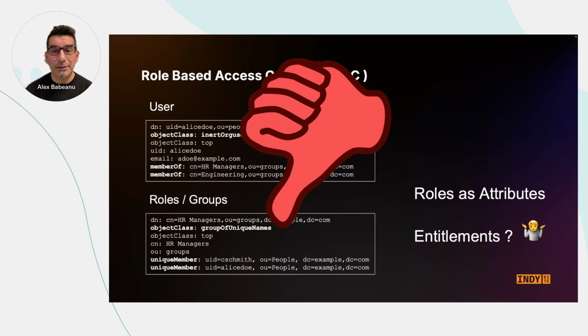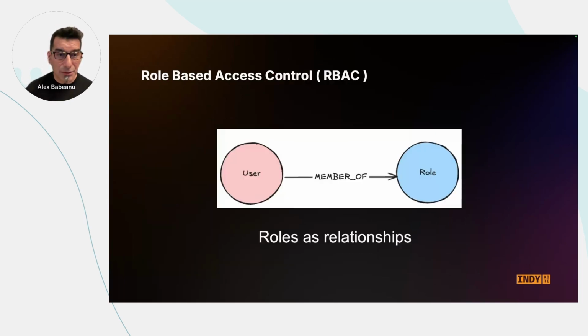But here's what happens when we consider role memberships and roles as relationships instead. As you can see, now we're getting into the graph world. Once you start modeling your roles as a membership, such as user member of role, then we're not really dealing with RBAC anymore. What we have in front of us now is relationship-based access control, or ReBAC.